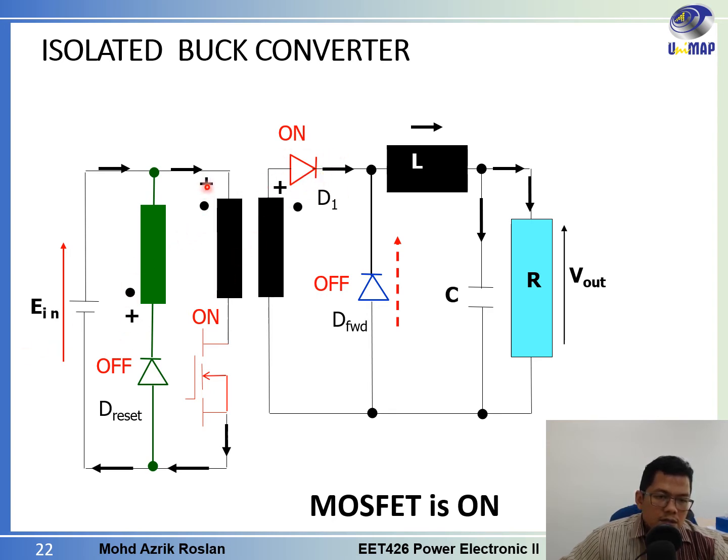Because this one at the dot terminal here is positive, this one will be positive. So when this one is positive at the cathode side, this diode, the D reset, will be reverse biased and no current can flow here. So the current flows like this in the primary circuit, and at the secondary circuit the current will flow here. This one is off, and it will charge the inductor here, charge the capacitor here, and also supply the load here. So this is what happens when the MOSFET is on.